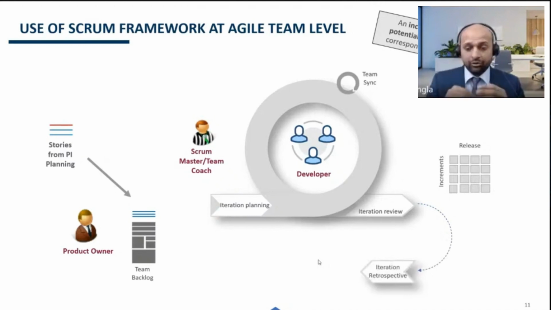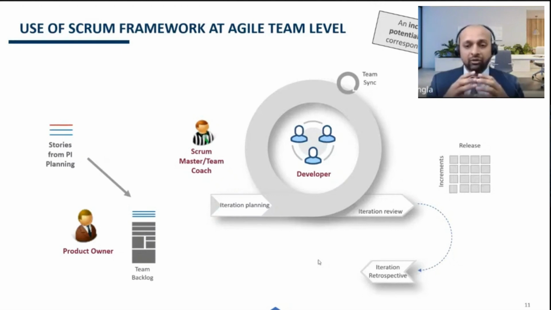Then the next important event which happens during the iteration is the iteration retrospective. In the iteration retrospective, the agile team comes together and reviews their ways of working. They review the processes, the tools, and ways of working they used during this iteration. They check what went well and what did not go well during this iteration.